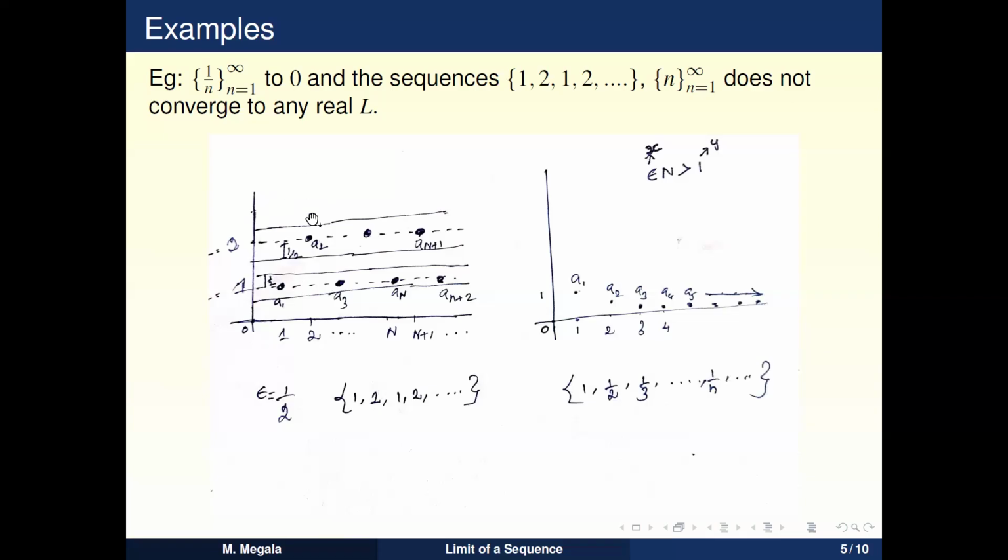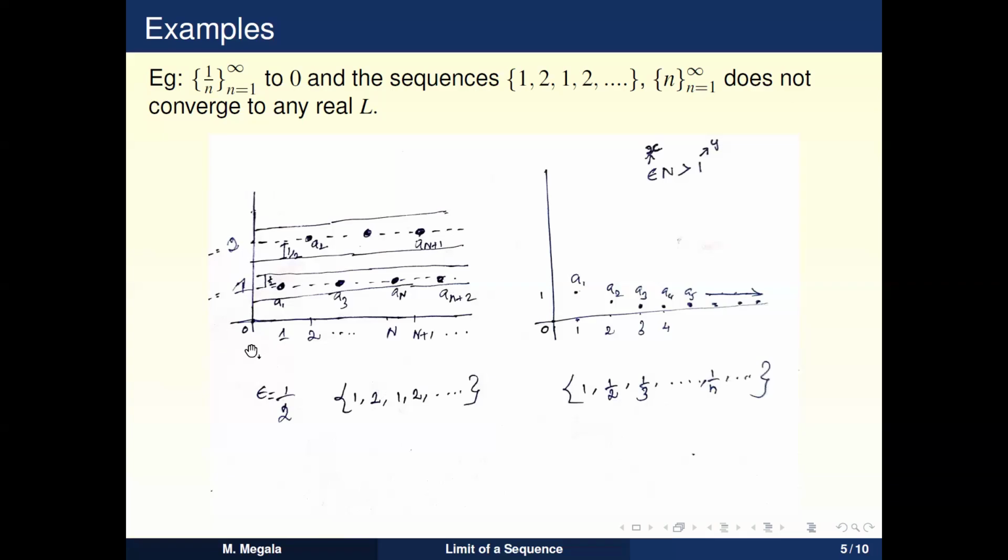So I take the distance between these and whichever point I am choosing as a real limit, and then divide it by 2 or 4. Then the neighborhood will not intersect the line at 2, right? So it will not have any point of this and any point of this also. So that is not a limit point of this sequence.